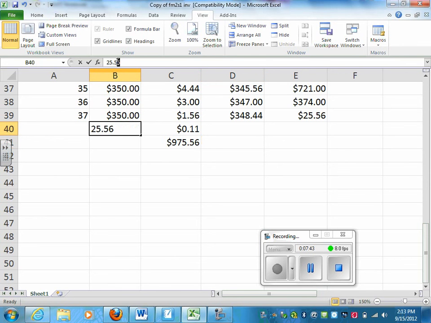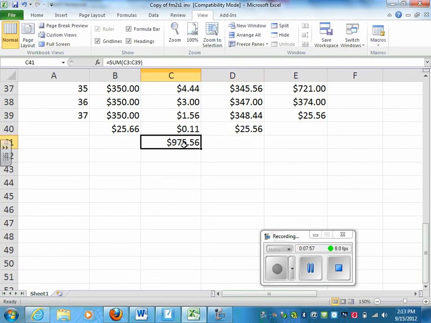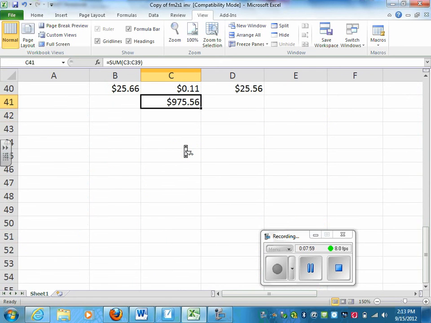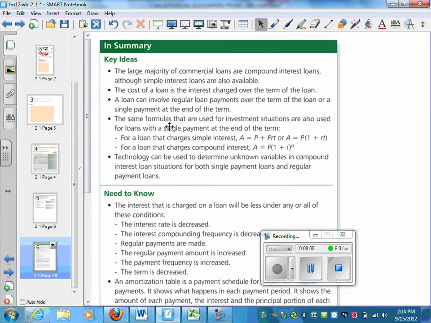So he would have to actually pay 25.66, with 25.56 going towards his loan. Okay, so his total for this loan to buy his watercraft is $975.56. Okay, so that's called the cost of the loan.